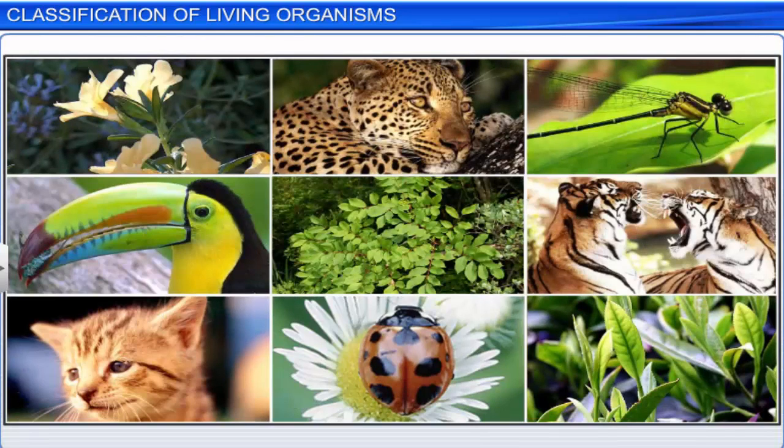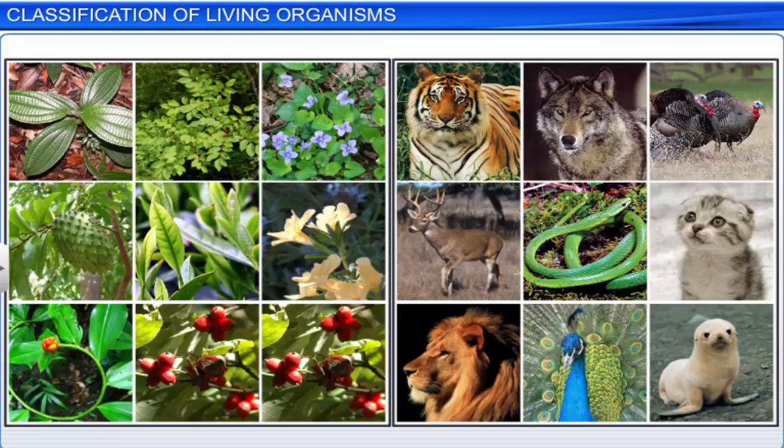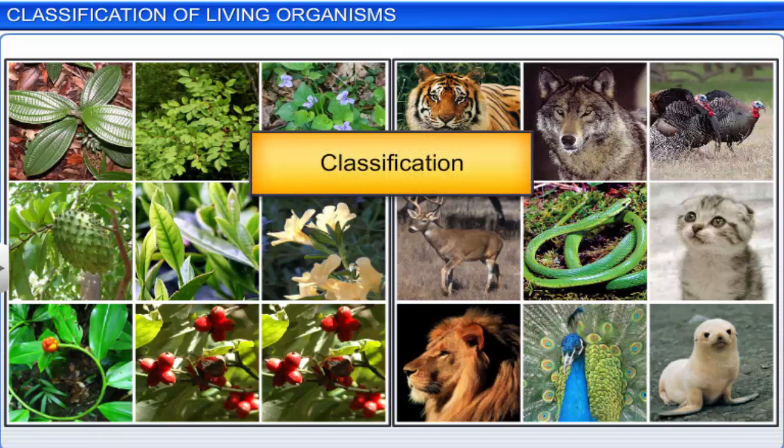Apart from assigning scientific names to living organisms, they must be aptly organized for easy study. The process of grouping anything into convenient categories based on easily observable characters is known as classification.